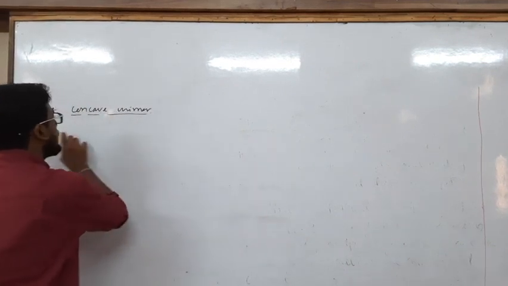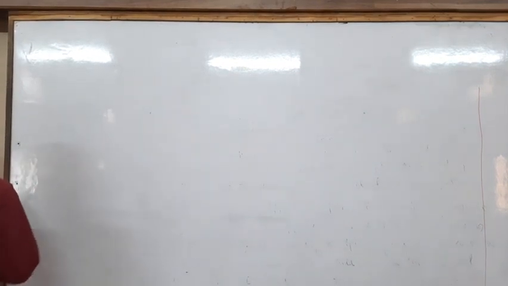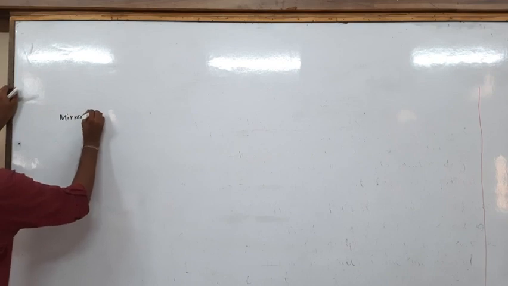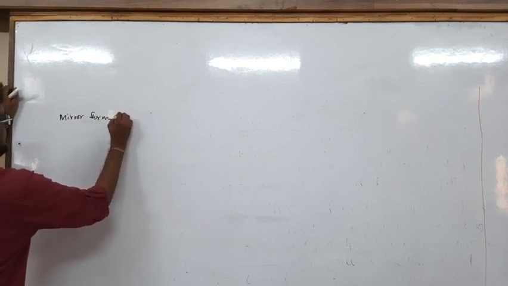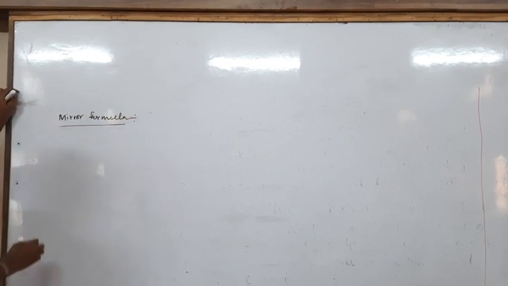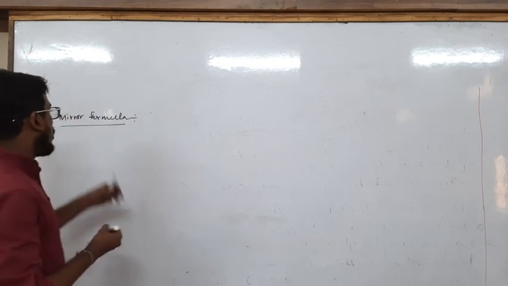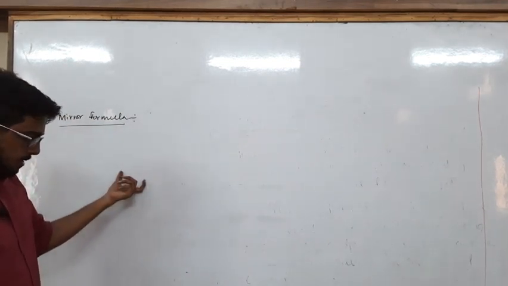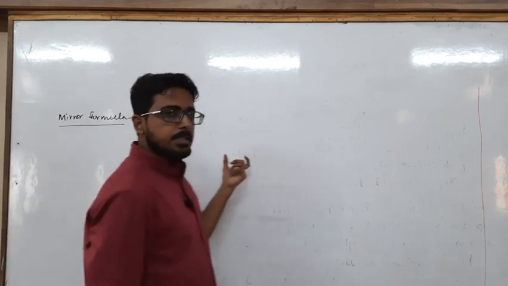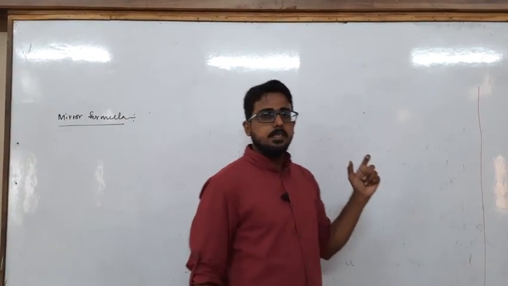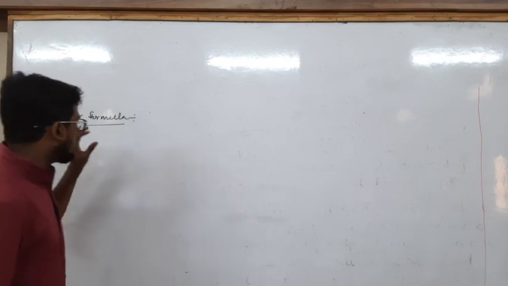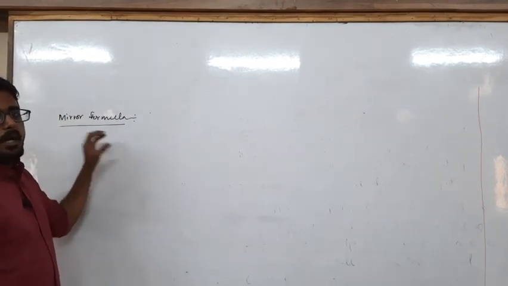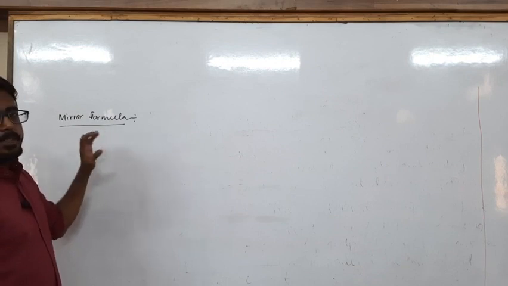So what is the mirror formula? It is a mathematical expression which relates the focal length, radius of curvature, or the image distance and object distance mathematically, or this formula is used to determine the exact location of the image according to the position of the object. Clear?